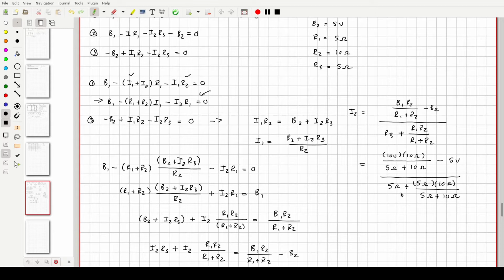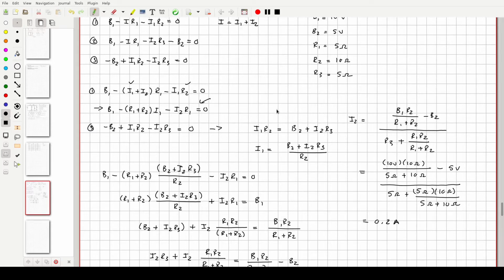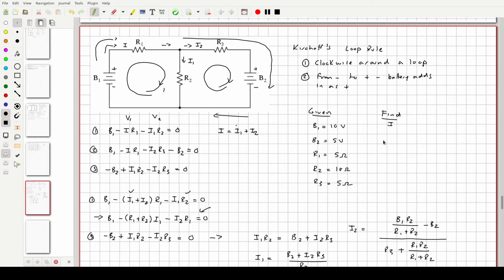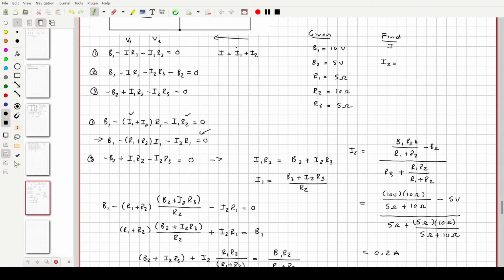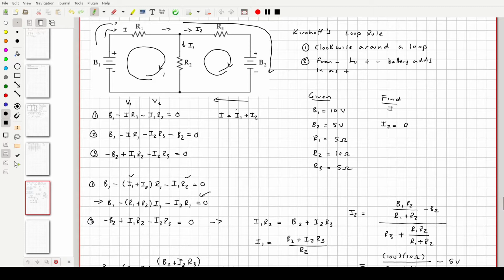Then I'm going to divide that by 5 plus 50 divided by 15. 0.2 amps. Bam. So I2 is 0.2 amps.